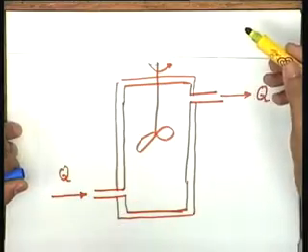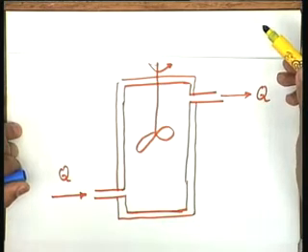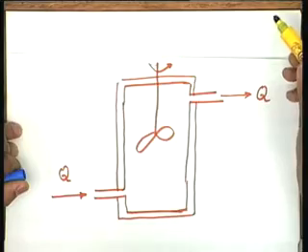You will please note this point, that this stirring is giving us sufficient reasoning to assume the temperature of the tank to be uniform. Of course, it is an assumption, otherwise you would have got a distributed parameter system model and we are heading towards a lumped parameter system model.